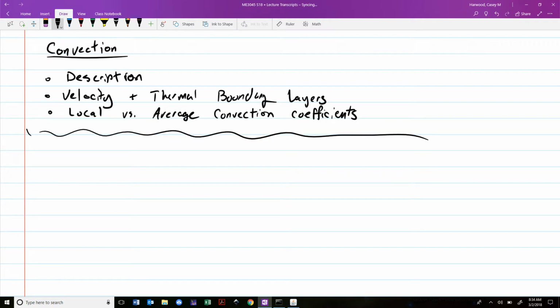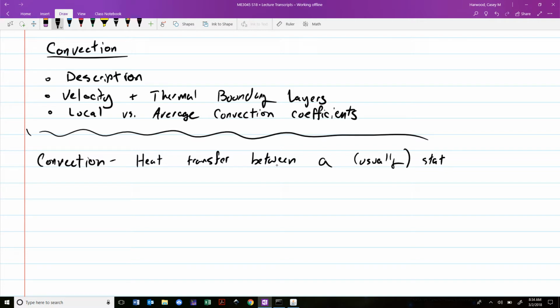So, first thing, let's lay down a definition that we'll fall back on describing convection. Okay, we'll go ahead and choose to describe convection as heat transfer between a usually stationary surface and a fluid adjacent to that surface.